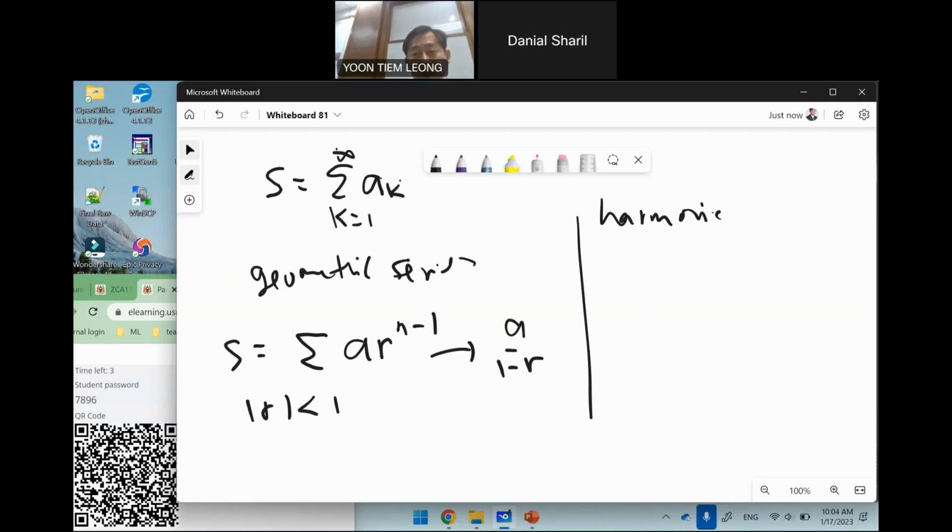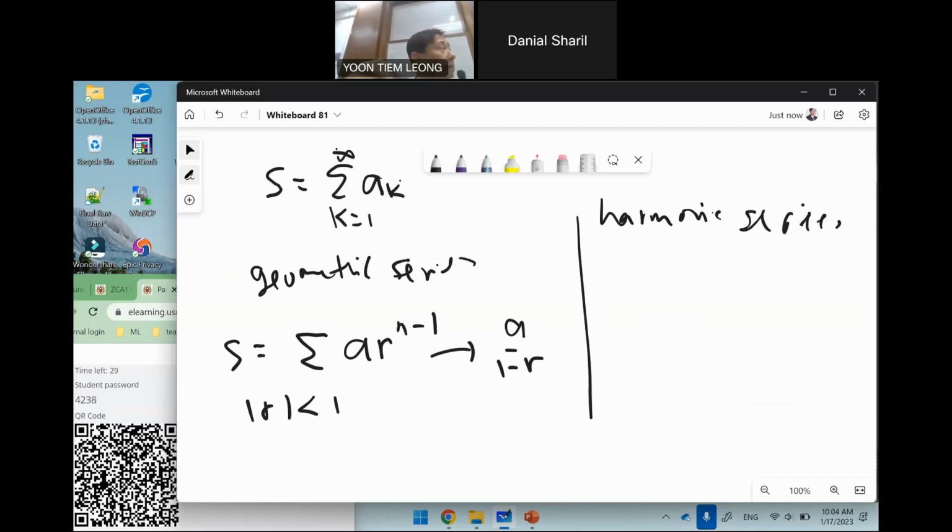We mentioned the harmonic series, and then we used a theorem that says a series formed from non-negative terms will be convergent if it is bounded from above. If the sequence of a series is bounded from above, then the series would converge.